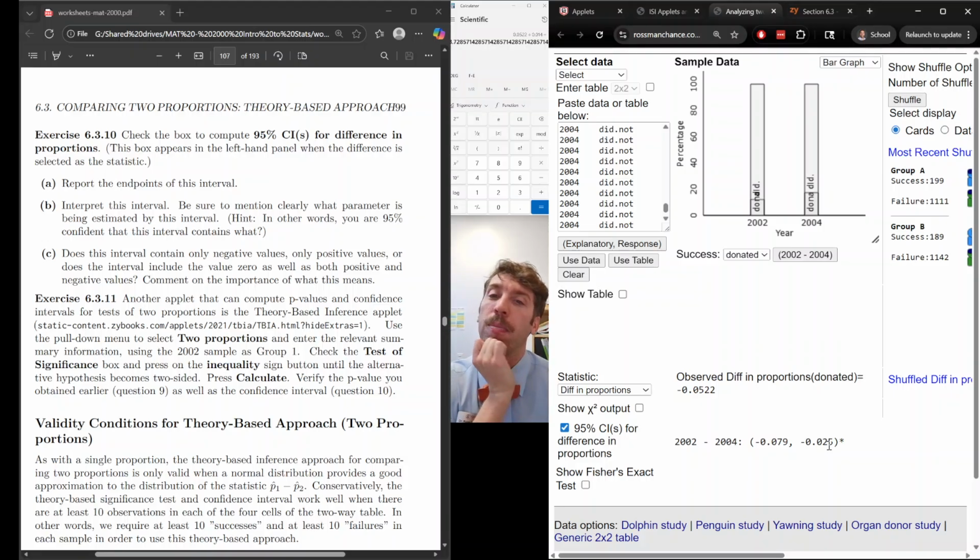So I could say we're 95% confident that the difference in people giving blood between 2002 and 2004 is, if it changes to percentages, negative 7.9% and negative 2.5%. Okay, because percent means divided by 100, so hundredths, and so you just move the decimal place 2 points for the percentages.